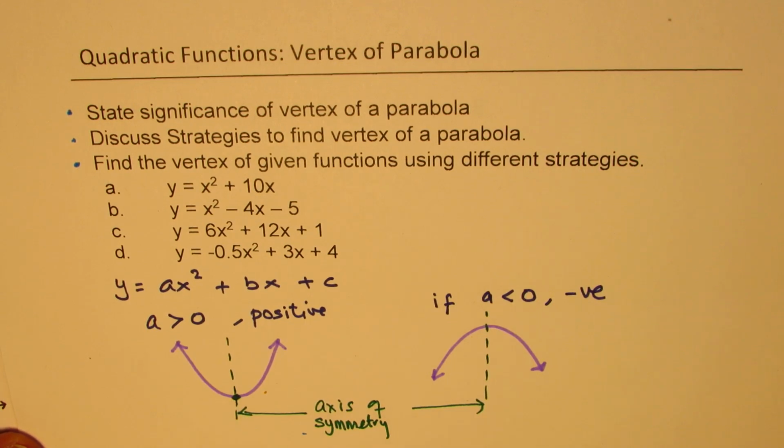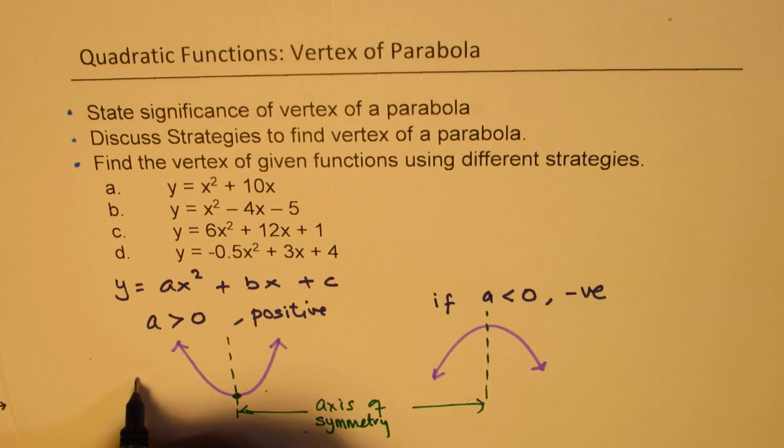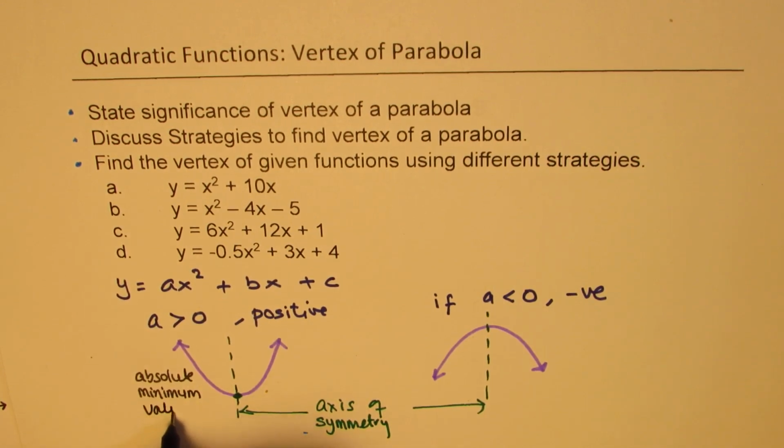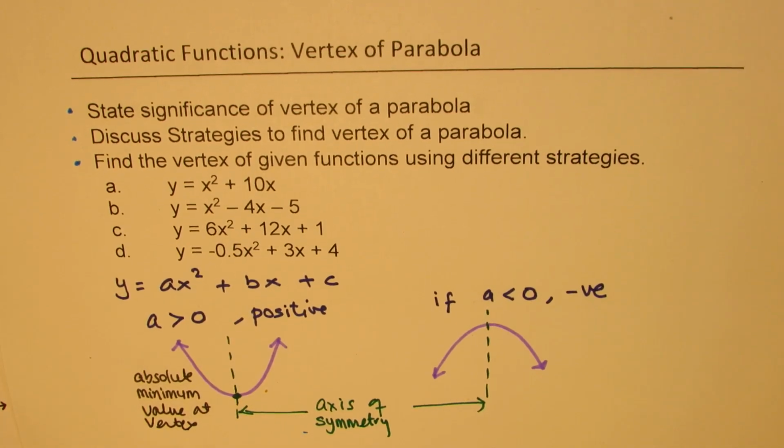If it is opening upwards, as shown in the first case, in that case, we'll have an absolute minimum value at the vertex. Is that clear to you, right?